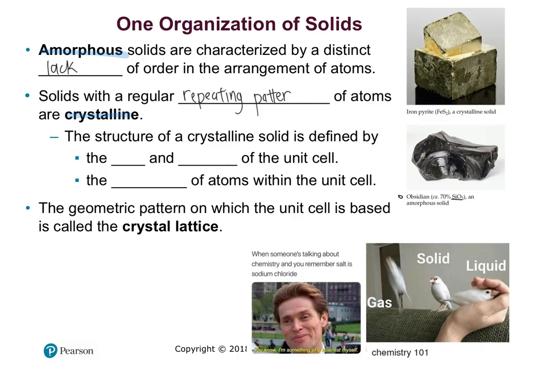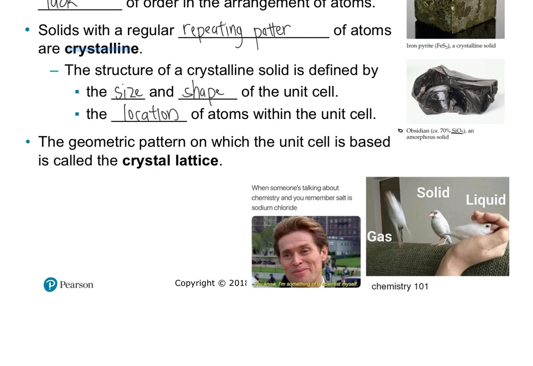And so these are defined by the size and shape of the unit cell and the locations of the atoms within a unit cell. So you might be wondering, what is a unit cell? A unit cell, we would draw a cube.